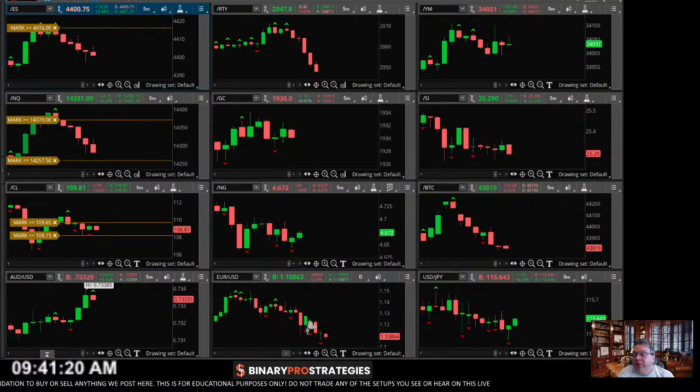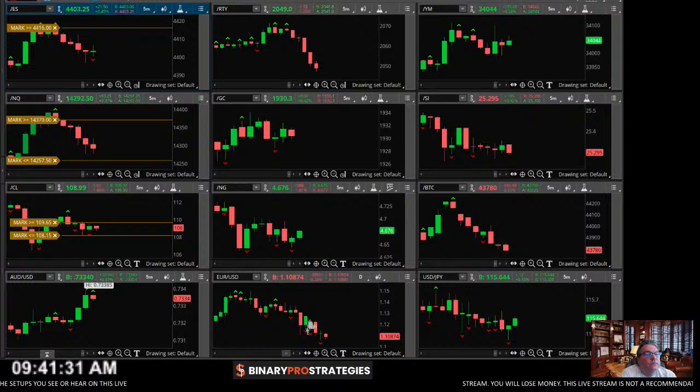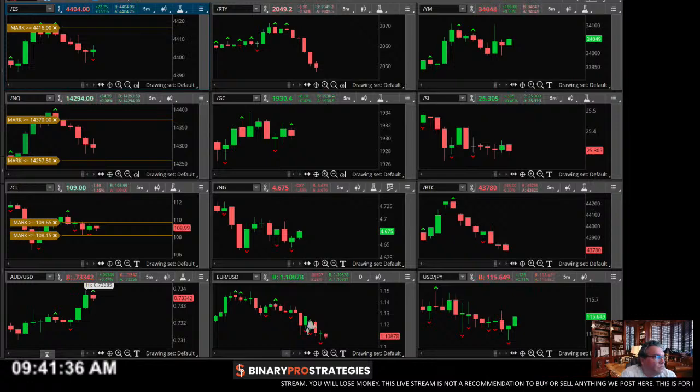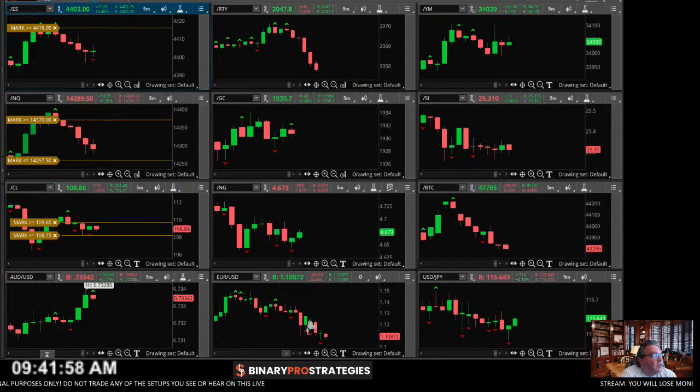US Tech getting close to target, still short crude. Adjusting the low on the crude to be 108.65 target.